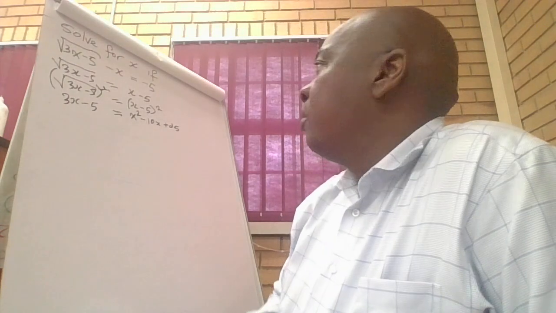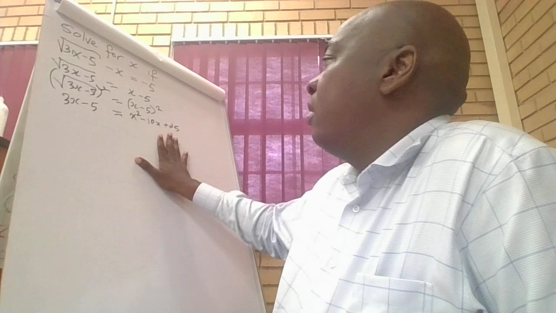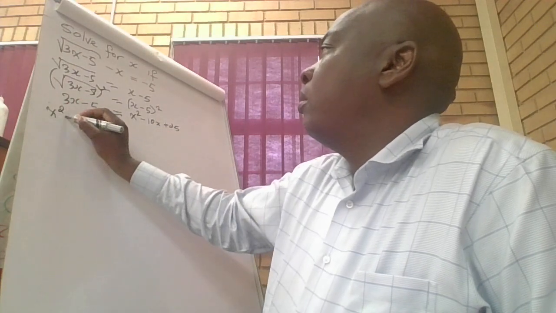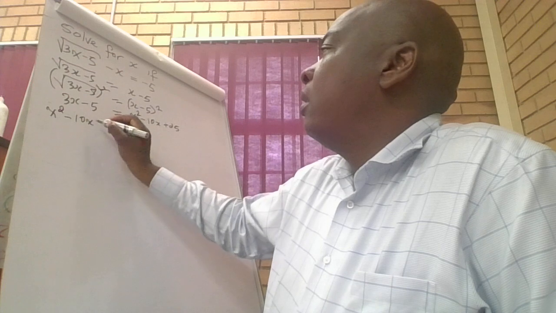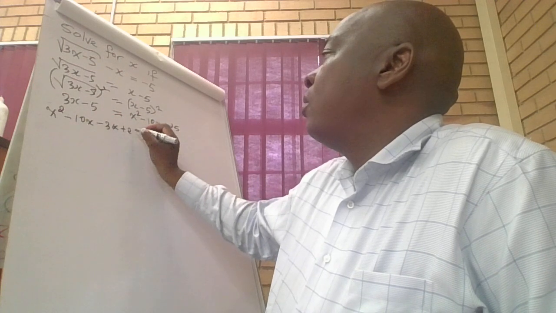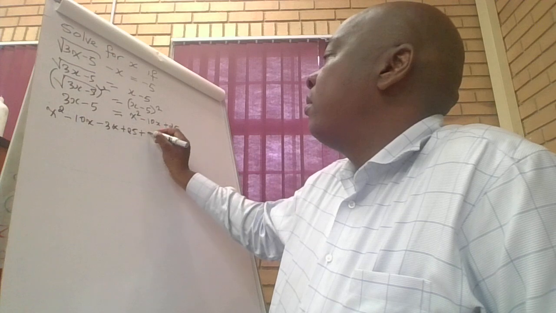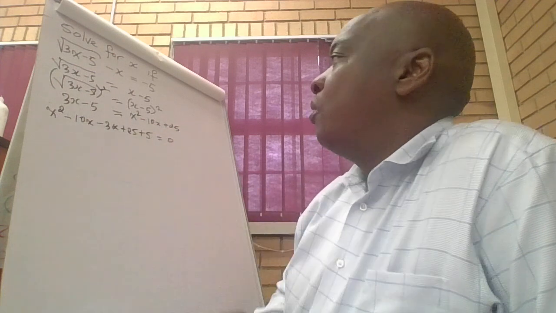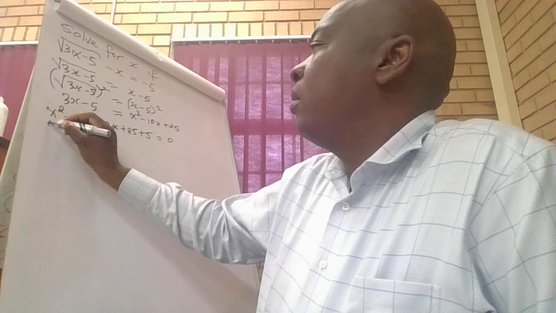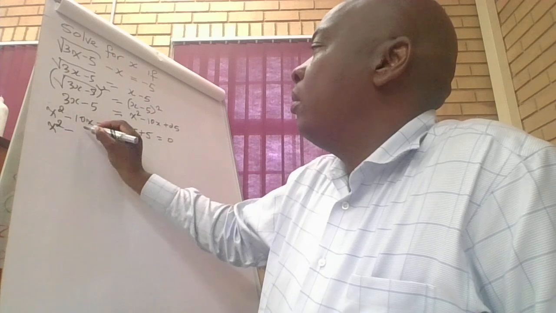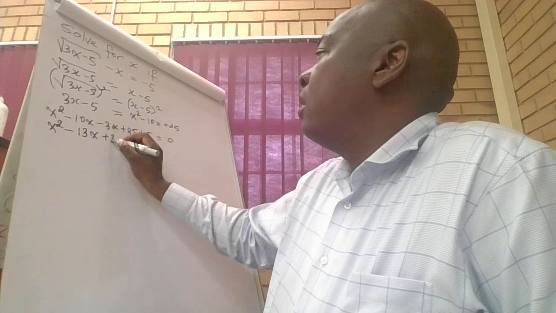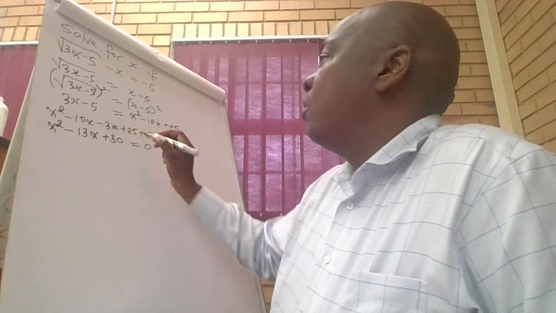And if I transpose everything to the right hand side, I can have this as x squared minus 10x minus 3x plus 25 plus 5 being equal to 0, which I can simplify further to be x squared minus 13x plus 30, and this is equal to 0.